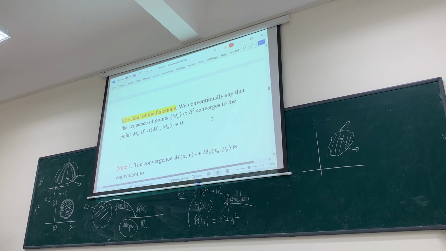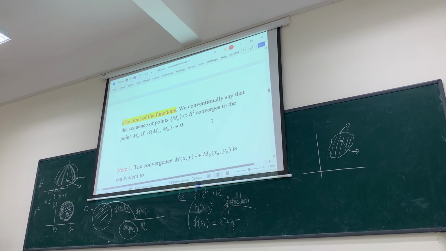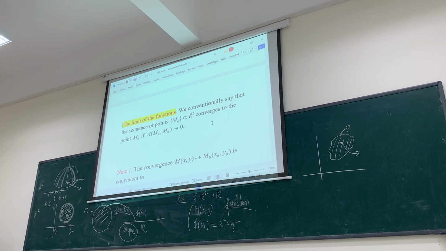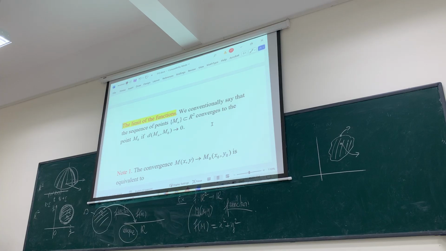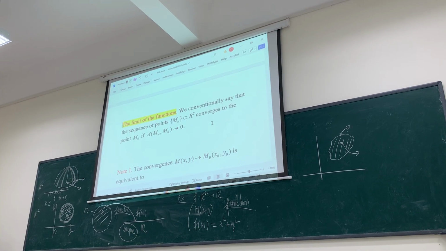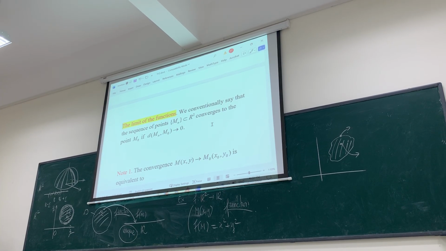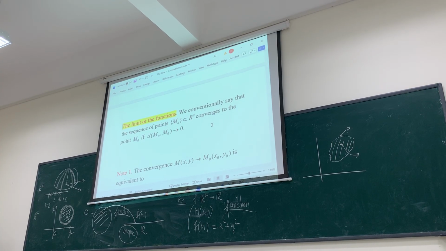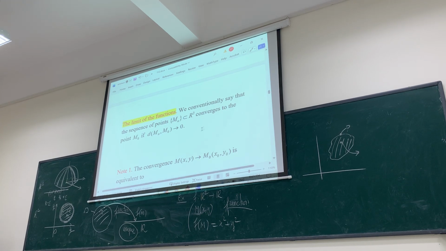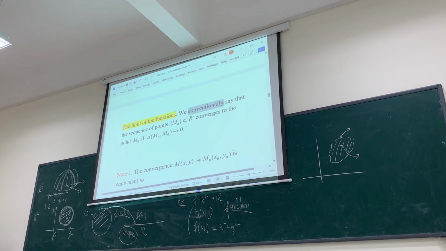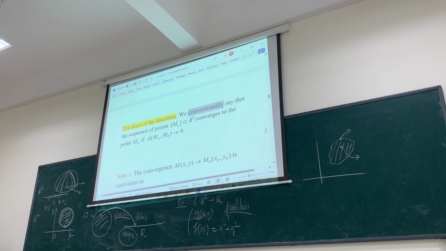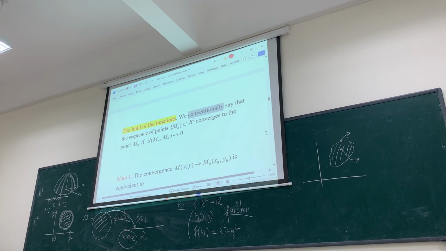We conventionally say that the sequence of points M belonging to R2 converges to the point M0 if the distance between M0 and M tends to 0.